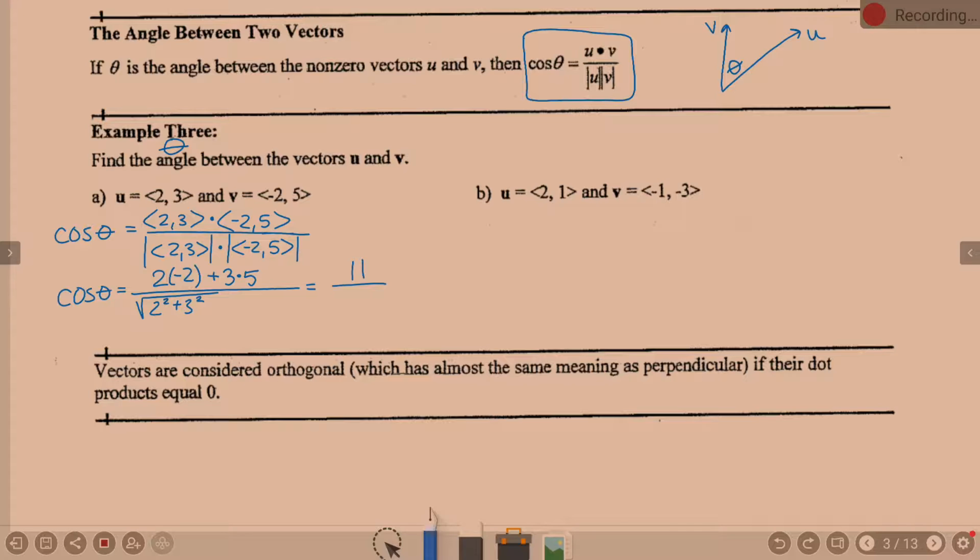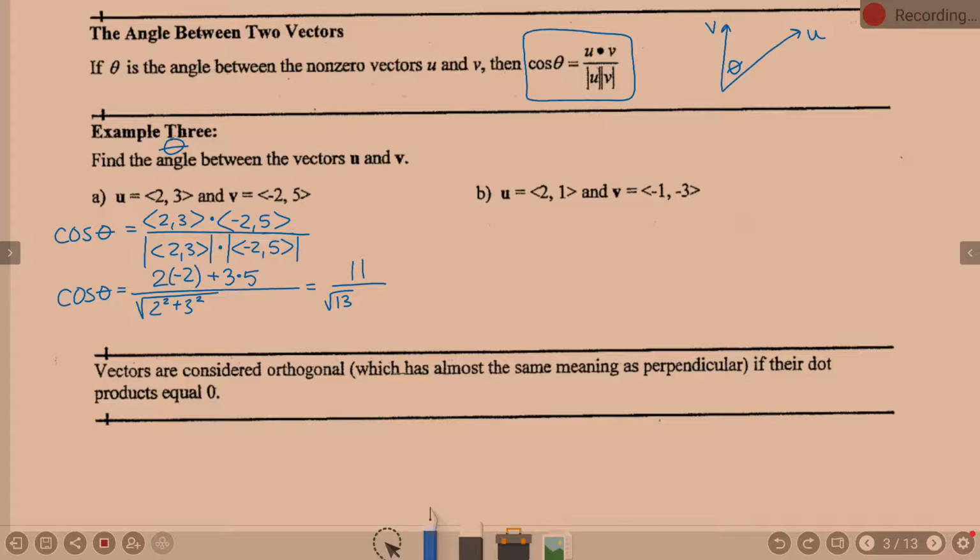Square root of 2 squared plus 3 squared. 4 plus 9, 13. So that's going to be a square root of 13, if you will. So may I have done my math wrong?